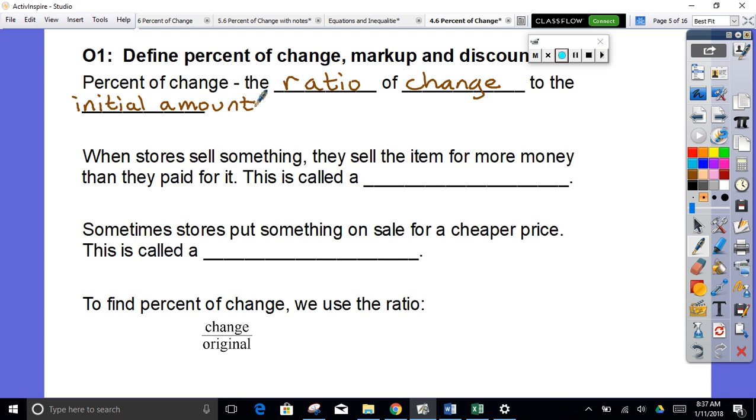Now when stores sell something, they sell the item for more money than they paid for it. This is called a markup. So a lot of you are involved in sports, and there are concession stands at your sport, and you sell food at the concession stand to make money. You probably have parents donating the bags of things that you sell, perhaps.